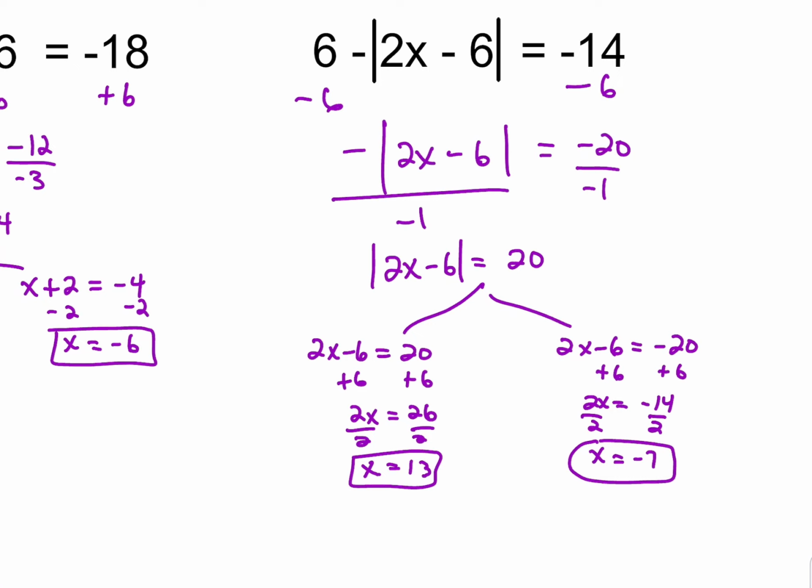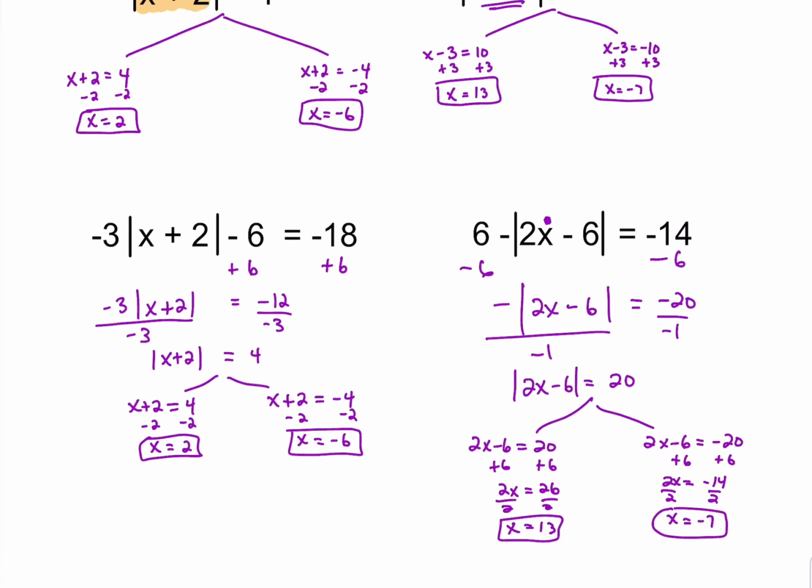If I have negative 7 and I plug that in here for x, 2 times negative 7 is negative 14. Negative 14 minus 6 is negative 20. The absolute value of negative 20 is 20, so if I do 6 minus 20, it's negative 14. Same thing works for if you plug 13 in. All right, so that's it for solving absolute value equations.